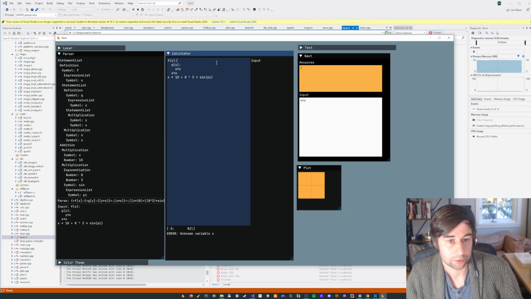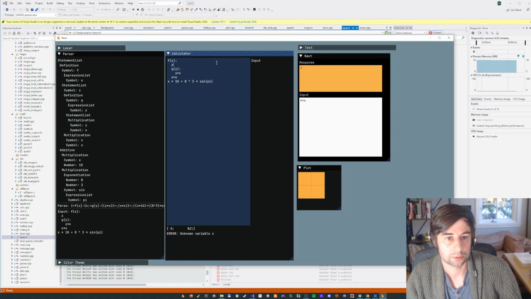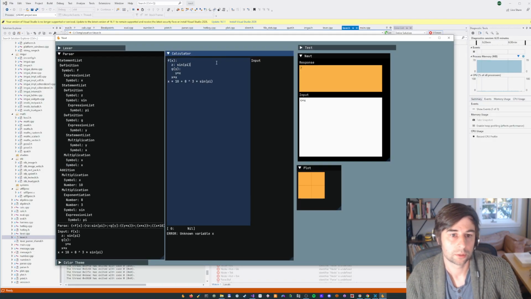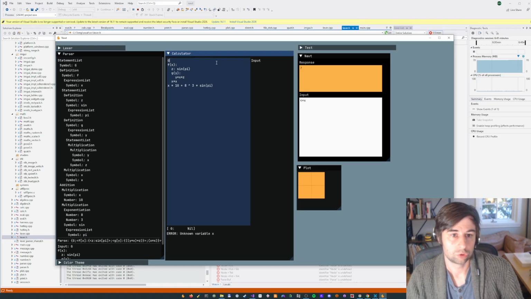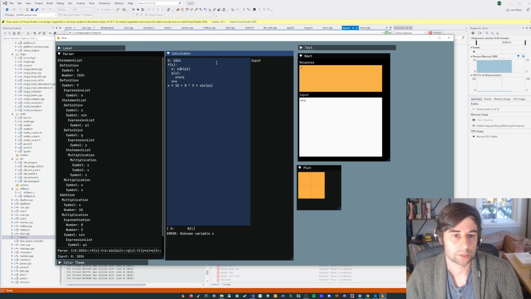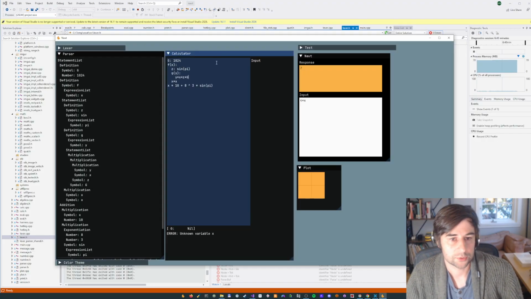But you can define functions and you can define variables. So you can do something like this, z equals sine of pi. Or even, G is some global variable, and then you have access to the global variable, the argument, the local variable within the outer scope, and then the global variable.